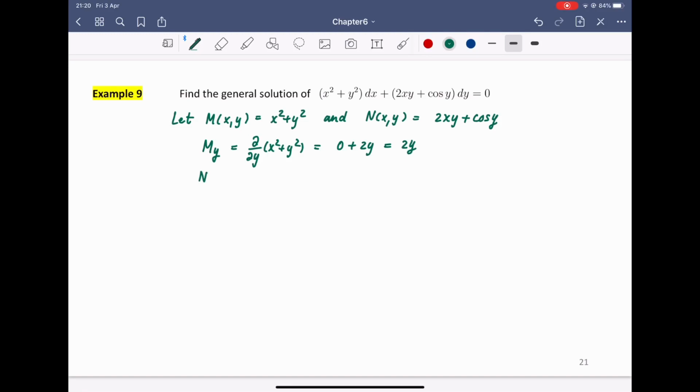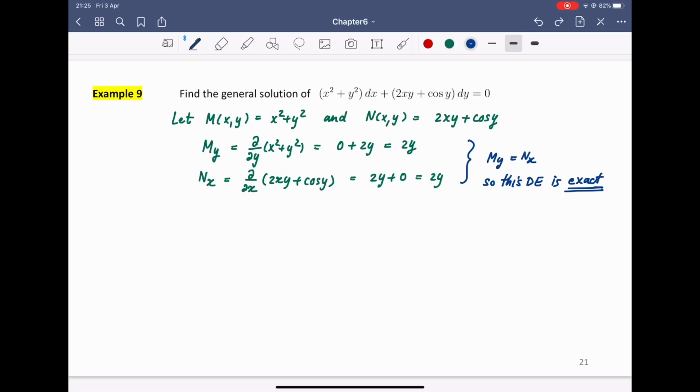And then I will compute N sub x, which is the function 2xy plus cosine y. So I differentiate with respect to x. Here I get 2y plus 0, and that is 2y. From here, I can see that M sub y equals N sub x. So this differential equation is exact.